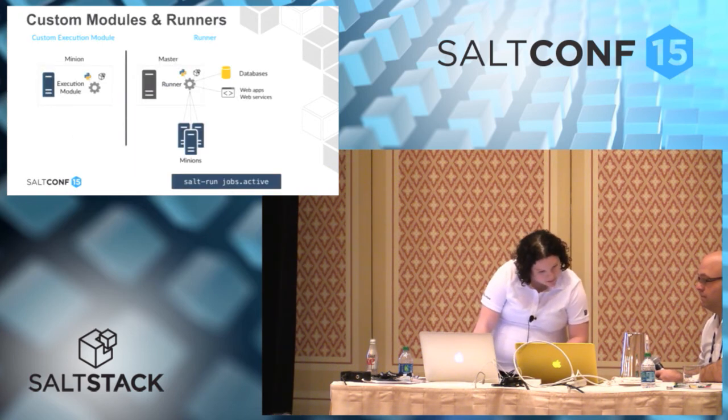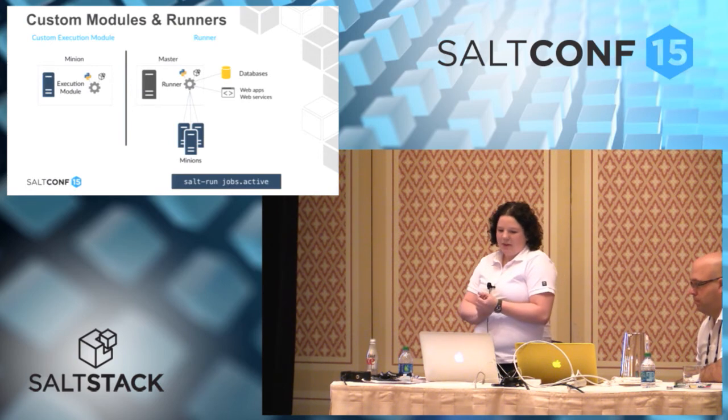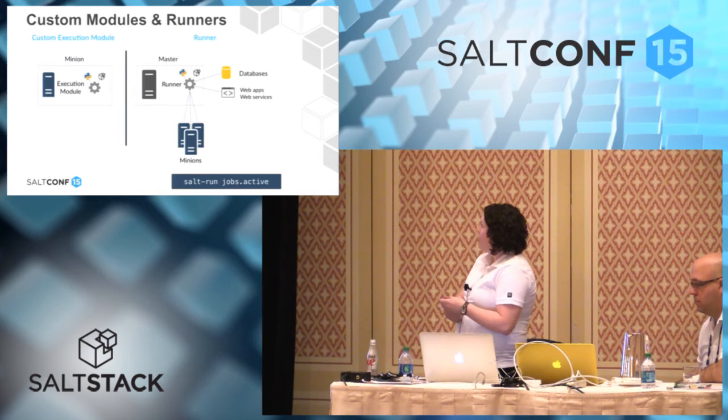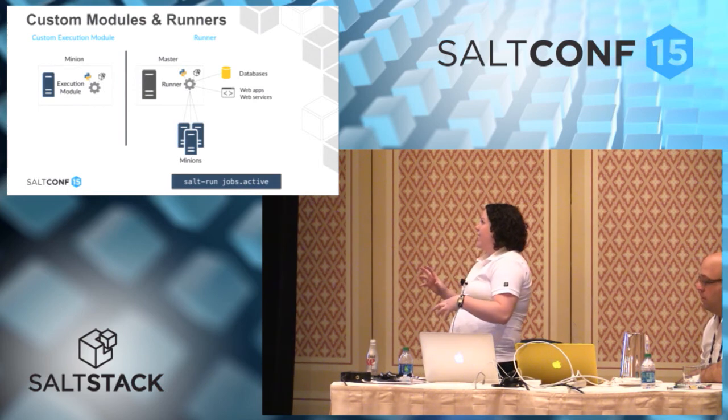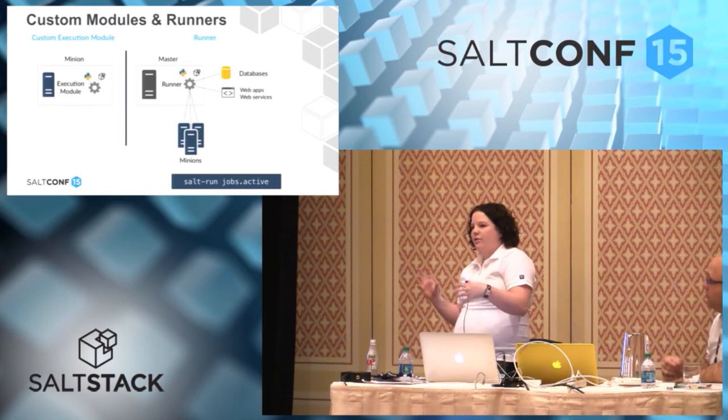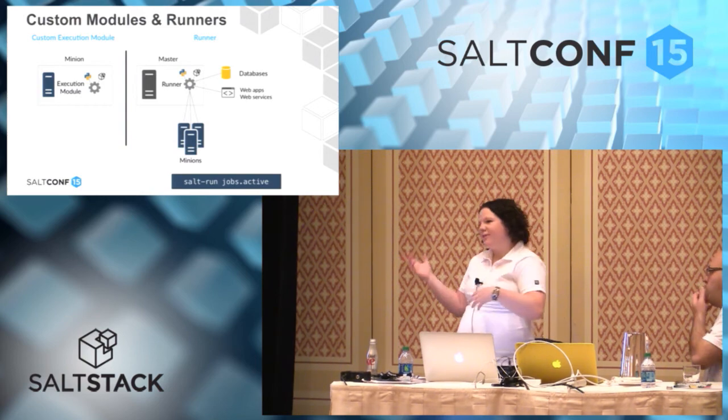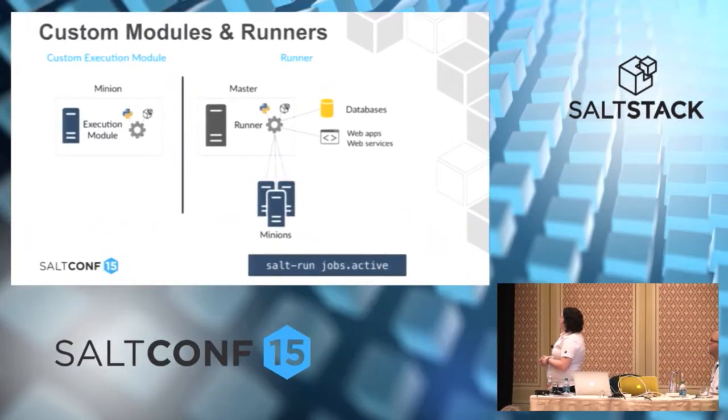Okay. So one of the last things that I want to talk about here are custom modules and runners. Sometimes they're grouped together and sometimes they're not. Custom modules are things that aren't built in, that don't come with Salt, that you want to build out for your specific infrastructure.